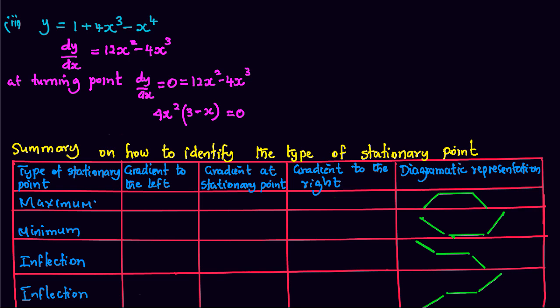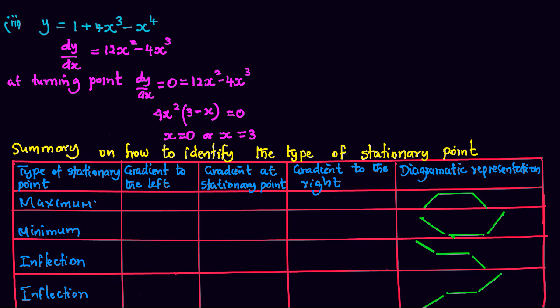So from here, x is equal to 0 or x is equal to 3. So the turning points for this curve will be at points x is equal to 0 and point x is equal to 3.